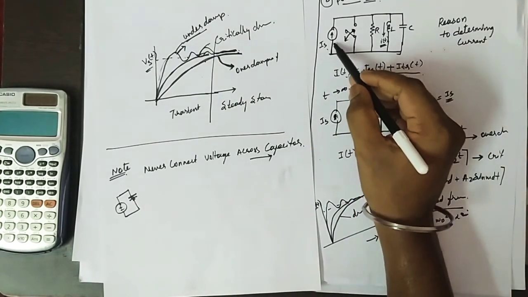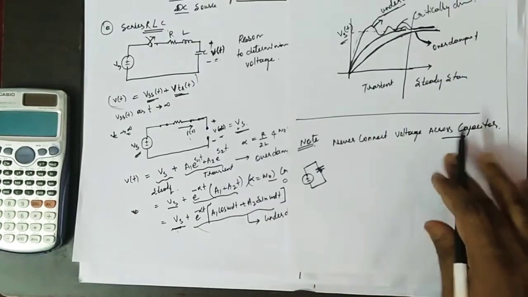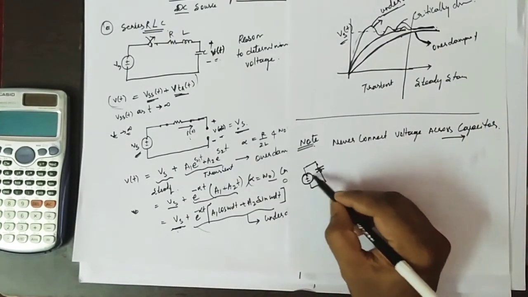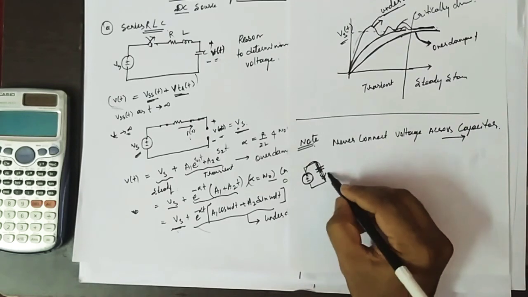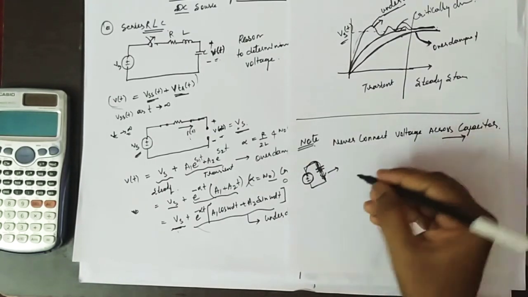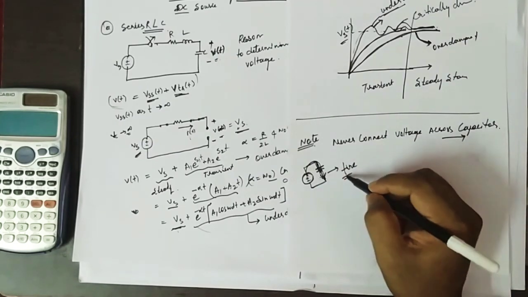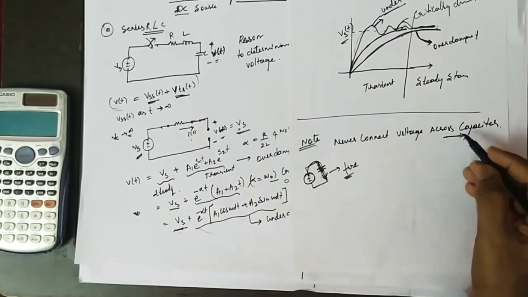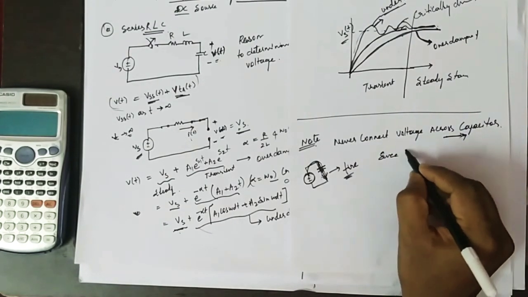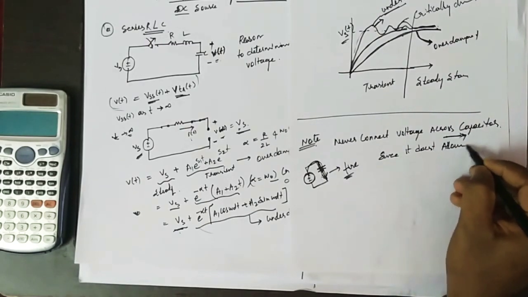So we are not keeping a voltage across the capacitor, only current. Why? If you connect a voltage across a capacitor, it causes a sudden change and gets shorted, which means a high amount of current will flow. That can lead to fire. That's why we never connect a voltage across a capacitor, since it doesn't allow a sudden change.